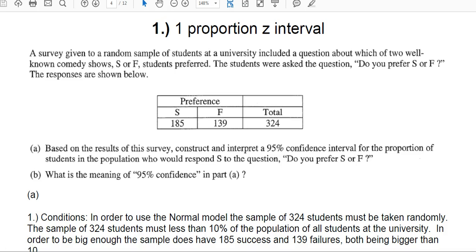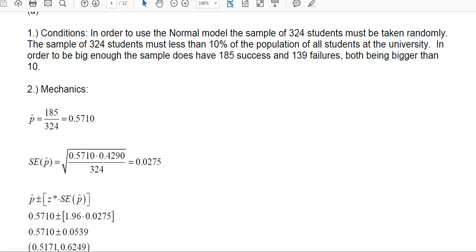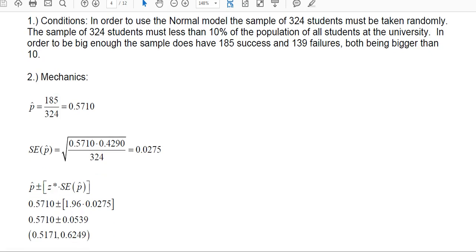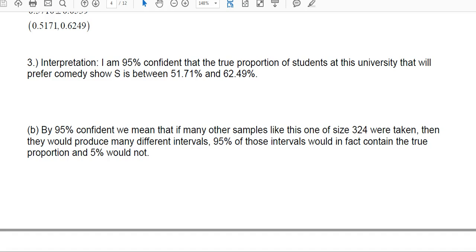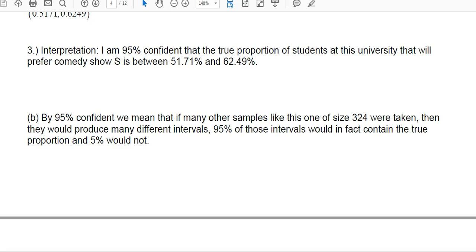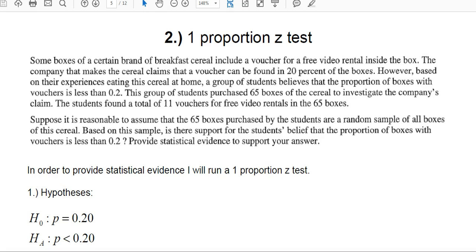All right, so here is a 1 proportion z interval. Go ahead and take the time now to pause, read the problem, and then look at my work as I scroll through it. Here's a 1 proportion z test.